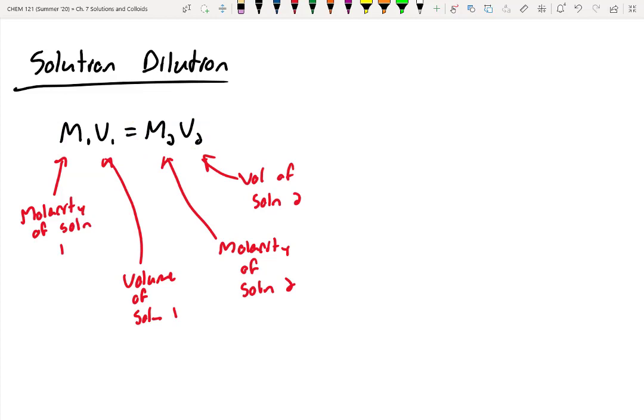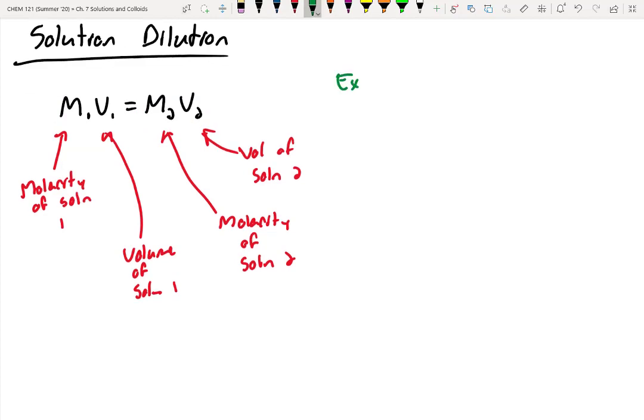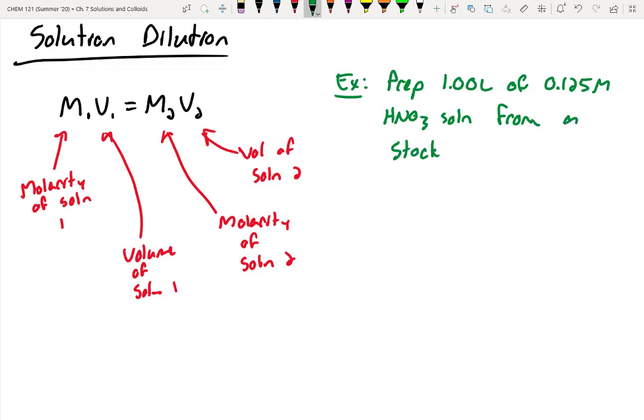So I'll show you an example of this. Let's say we need to prep 1.00 liters of 0.125 molar nitric acid solution from a stock bottle of nitric acid that is 15.9 molar.